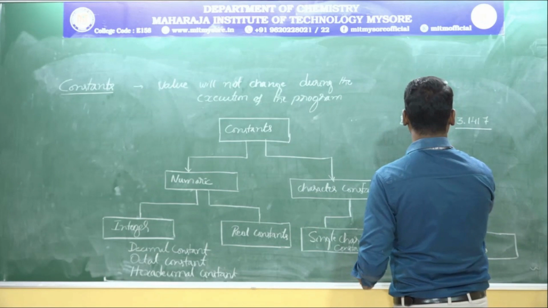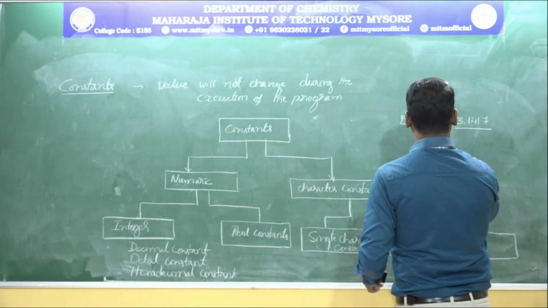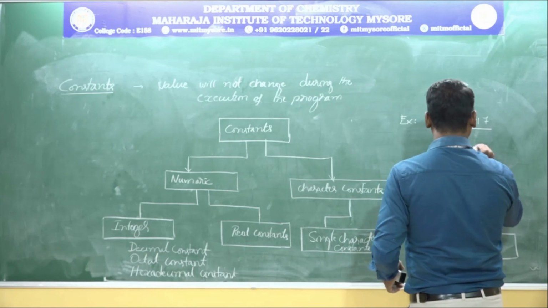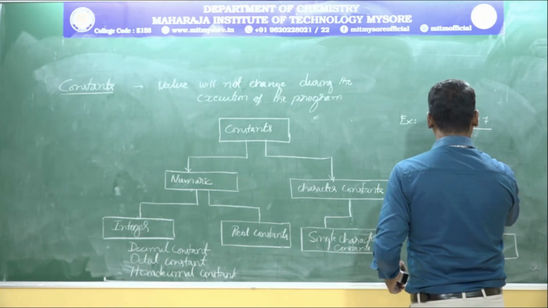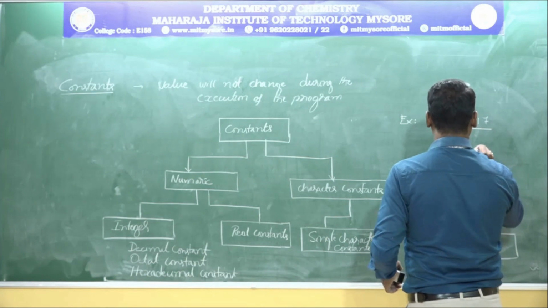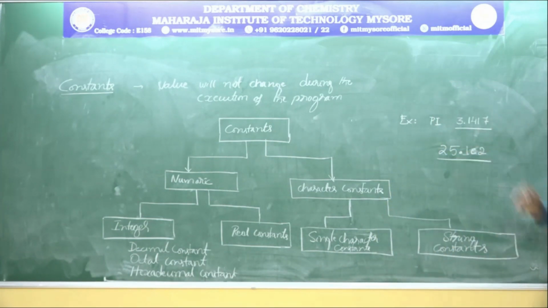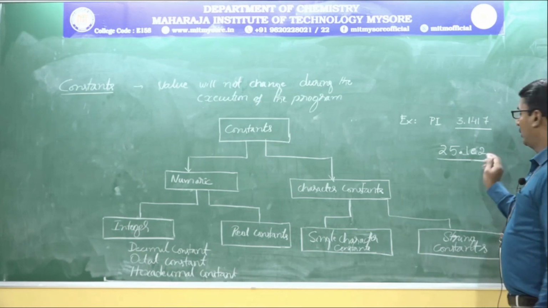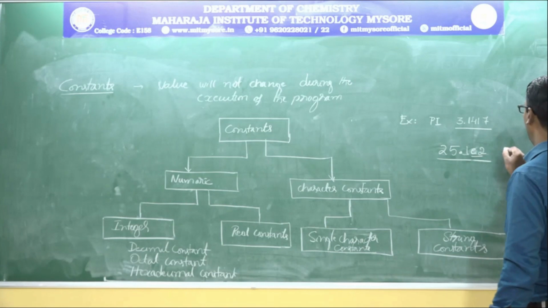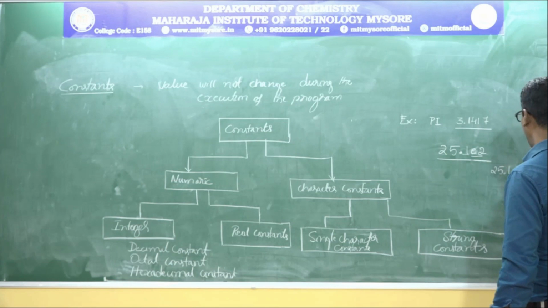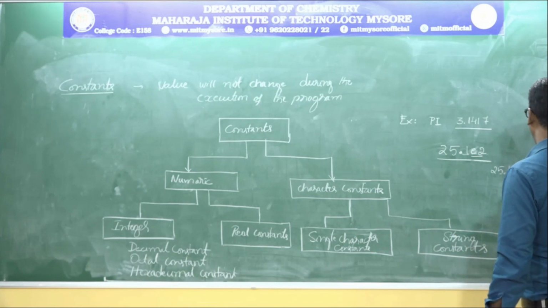The real constant can also be represented using exponential values. Example, here 25.1 E2. E2 means 25.1 into 10 to the power of 2.